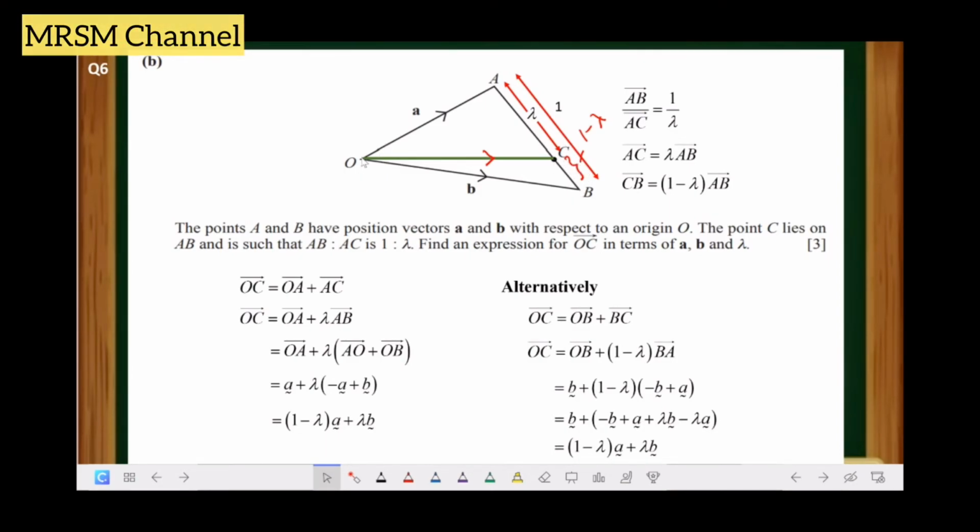So teacher advises using triangle OAC instead of OBC.